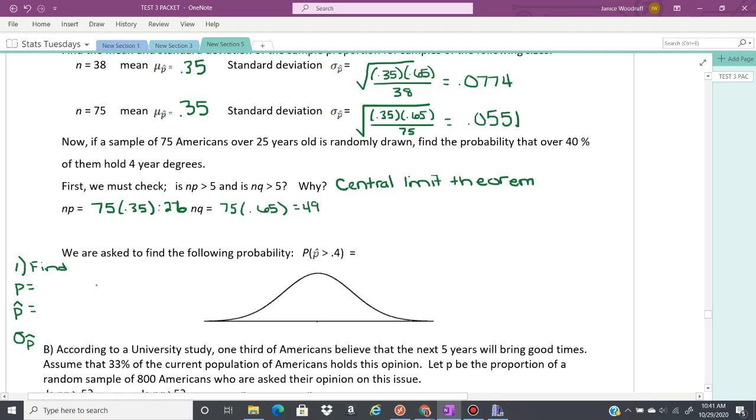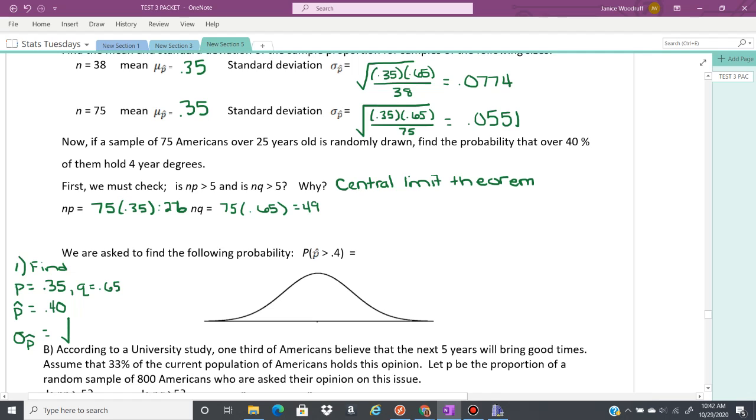Our P is the mean of the population, which was given to us as 0.35, way up here. P hat is what's given to us in the problem, so that is 40%, so 0.4. And the standard deviation of P hat is going to be the square root of PQ over N. Suppose we could find Q as well, which would be 0.65.